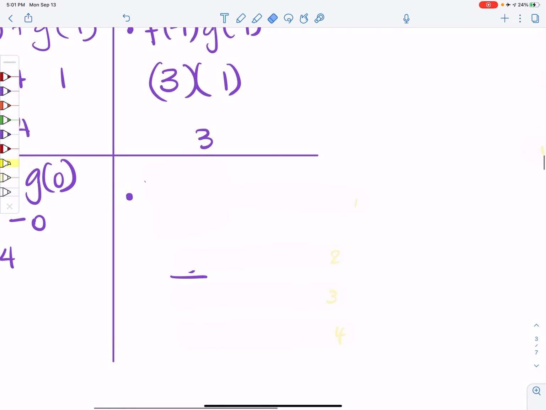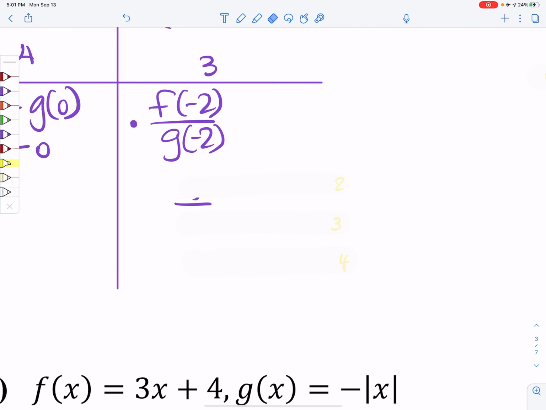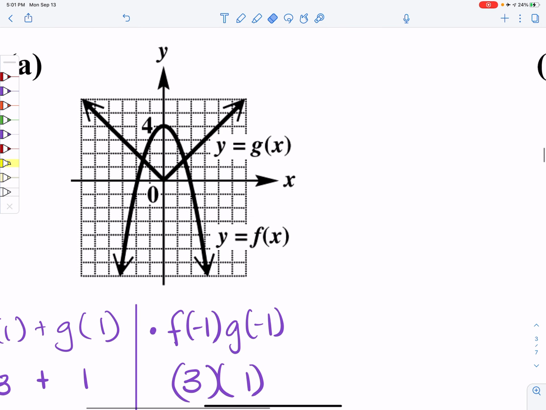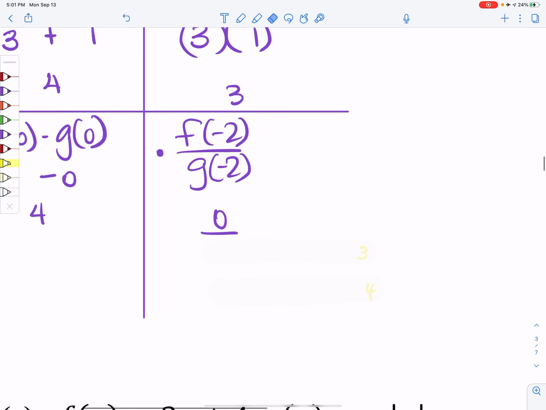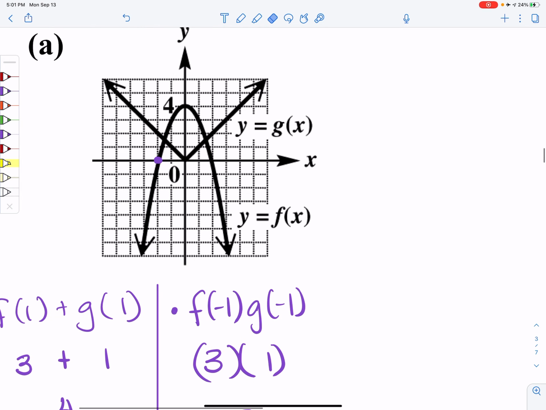Last but not least, let's go to the division. So for division, we're doing f of -2 divided by g of -2. Well, first of all, f of -2 is this guy right here. That's the x value of -2. What's the y value on that f function? Well, it's going to be 0. On the bottom, g of -2.